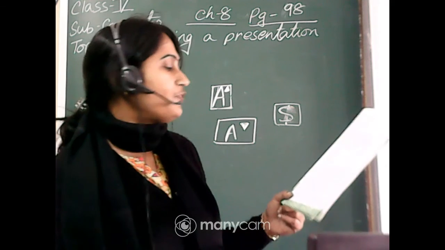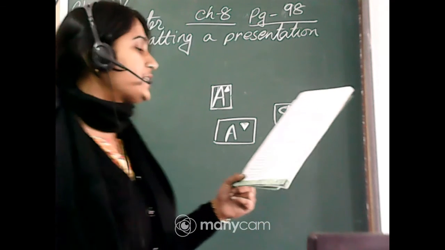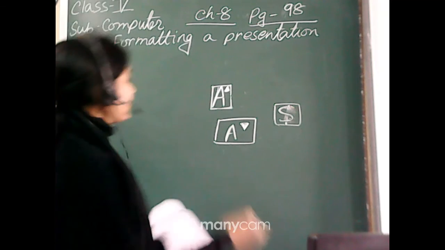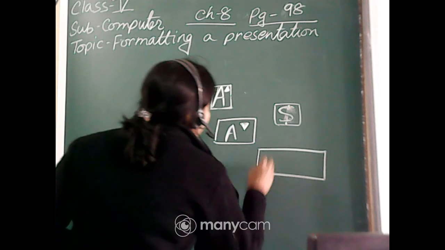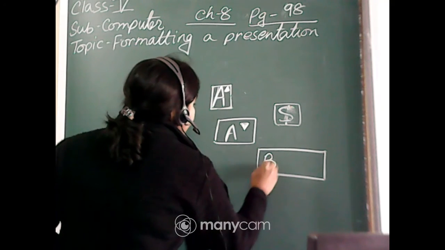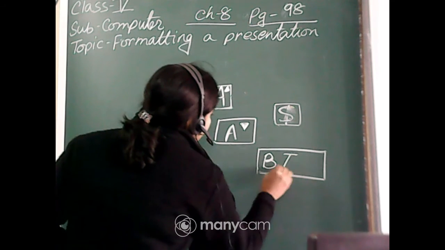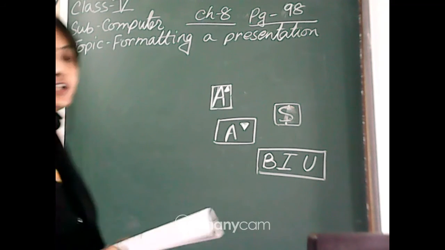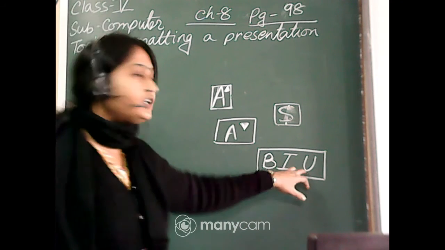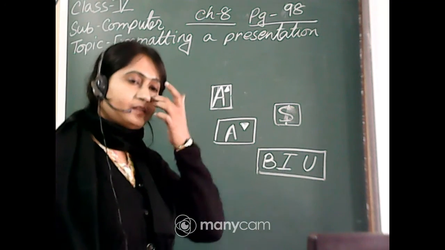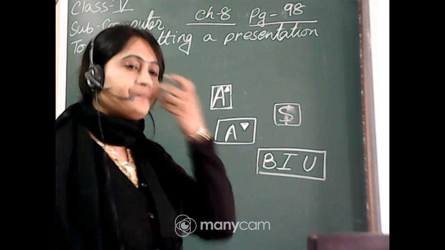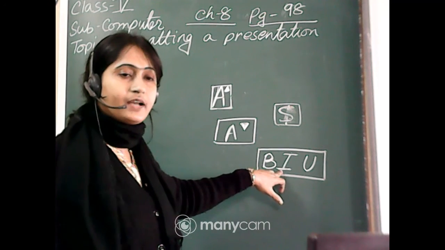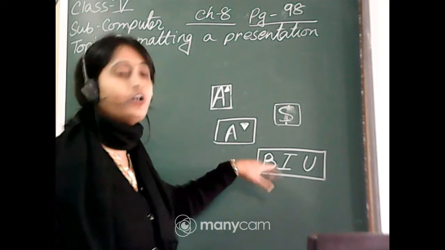To apply a formatting style to the text, click on the buttons. There are three buttons: B for bold, I for italic, and U for underline. If you want to underline your text, you can apply this U. If you want to apply italic style, you can apply this italic, and B for bold.